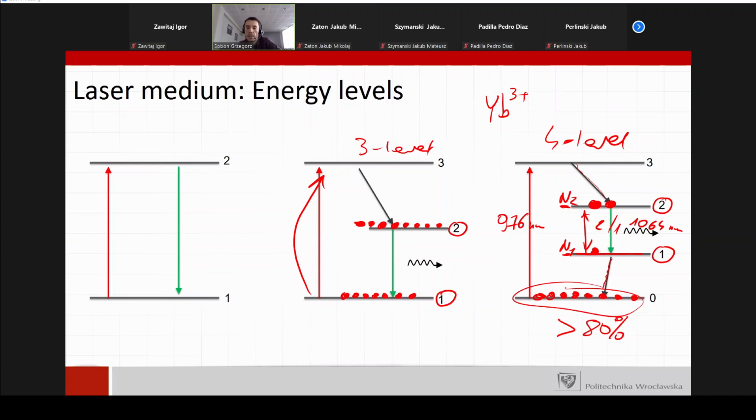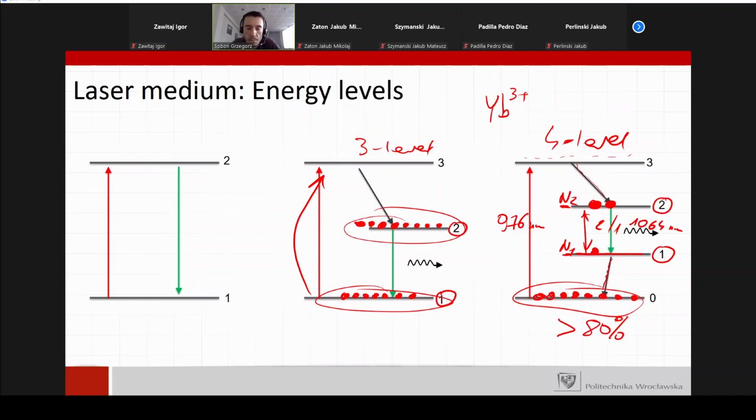So you don't need so much energy for pumping this system to excite the atoms, because you just need to have population inversion between level 1 and 2. But in the 3-level system, you always need to care about the population of your ground state, because you need to have more atoms on level 2 than on the ground state.